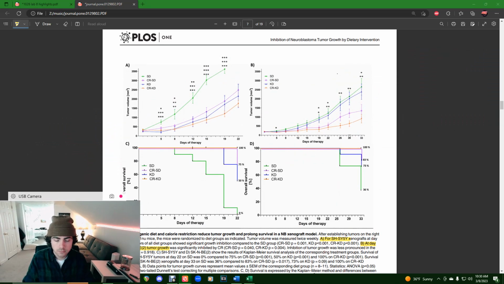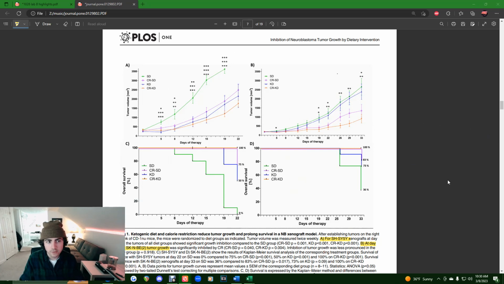Just to roughly summarize, they have mice, and they're testing different treatments on them. By treatments, it's more like they're controlling their diet, and seeing how controlling their diet affects the growth of the tumor they might have. There are graphs A and B, and on the surface they look very similar: tumor volume, days of therapy.